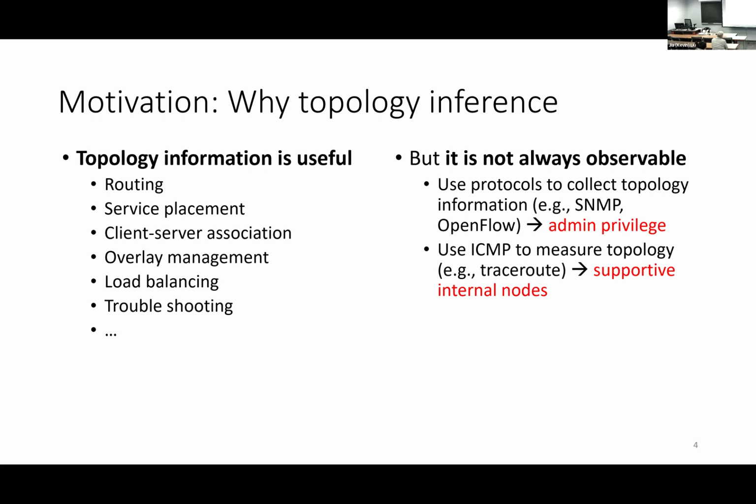And a more classical approach, from the administrator's perspective, is that you just run monitoring agents on individual network nodes. And then you poll APIs from those monitoring agents through some control plane protocols. This is, for example, how we traditionally manage an enterprise network with SNMP, or a software-defined network with OpenFlow.